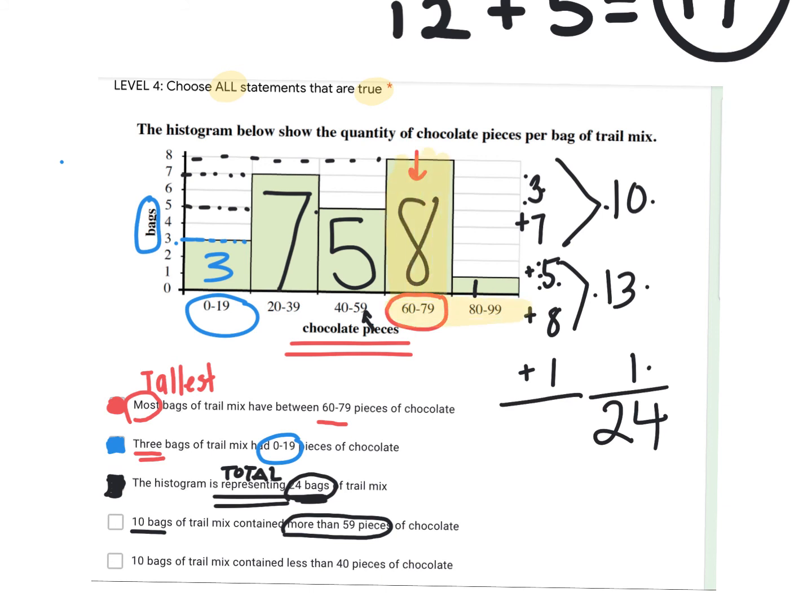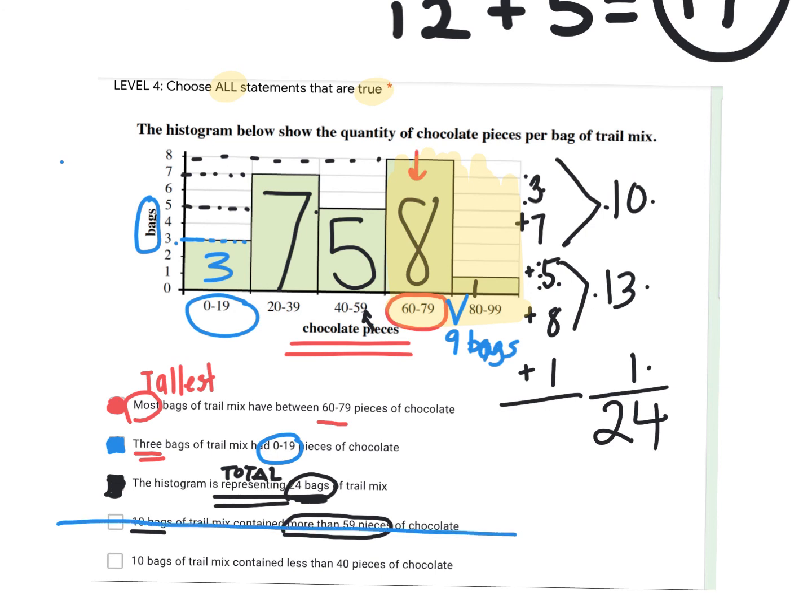So we are going to have to figure out these two right here. Okay, so how many bags are represented? It says 10 bags of trail mix contain more than 59 pieces. Well, in this case, it's not true because this isn't 10 bags. This is 9 bags. So this is not true.